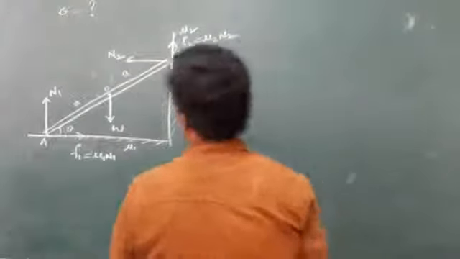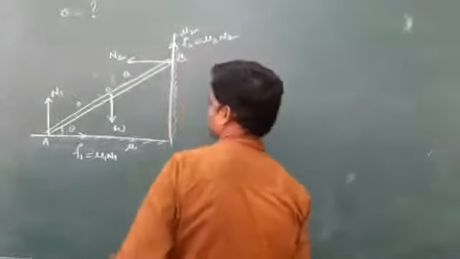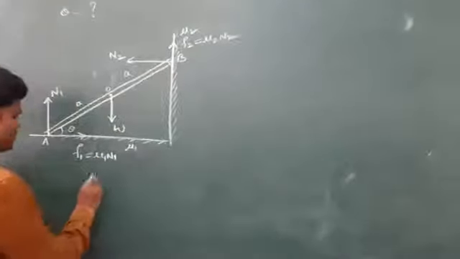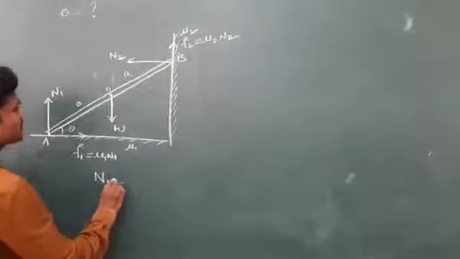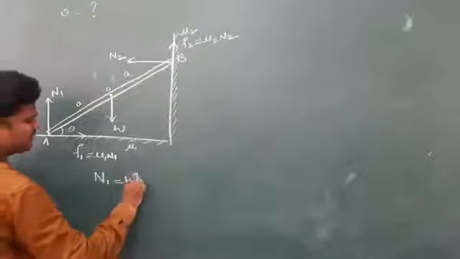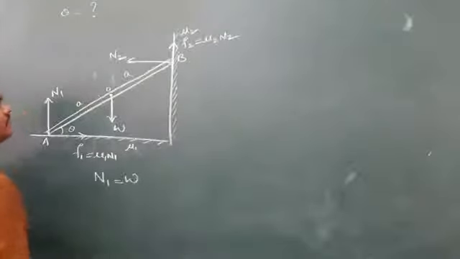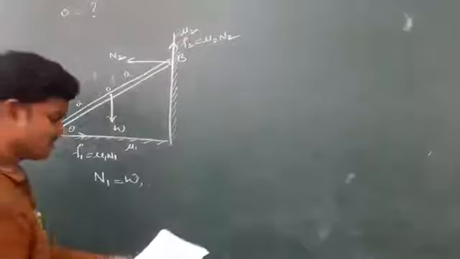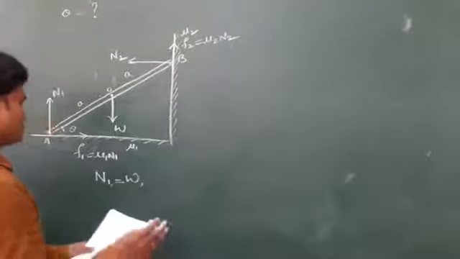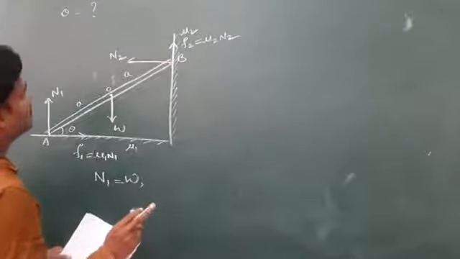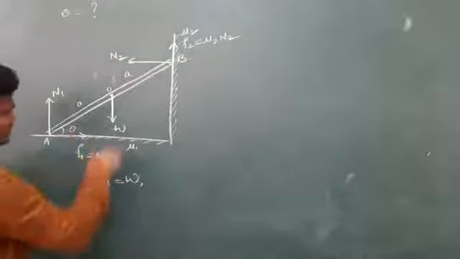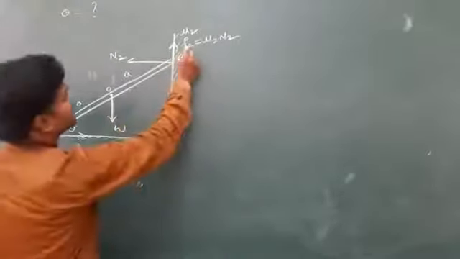So again the same conditions. Let us take the upward forces and downward forces. What are the upward forces? The upward forces are equal to the downward forces. N1 is balanced by W. Coming to the downward forces, are there any? N1 is balanced by W. One more is there, yeah, N1 plus this F2.